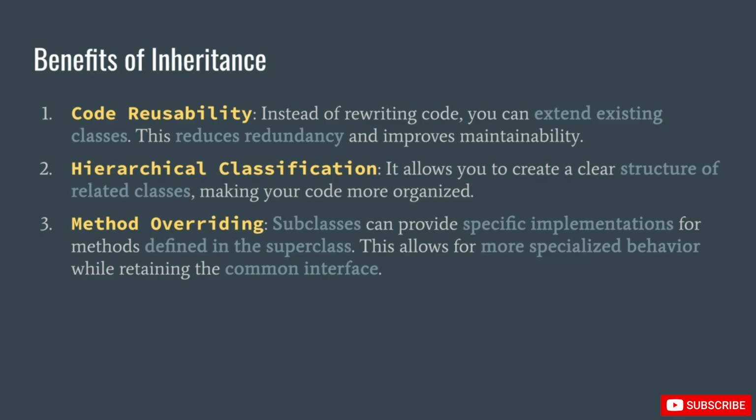This organization makes our code easier to navigate and understand, as it establishes relationships between different classes. Finally, method overriding. Subclasses can provide specific implementations for methods defined in the superclass. This capability allows us to introduce more specialized behavior while retaining the common interface provided by the superclass.